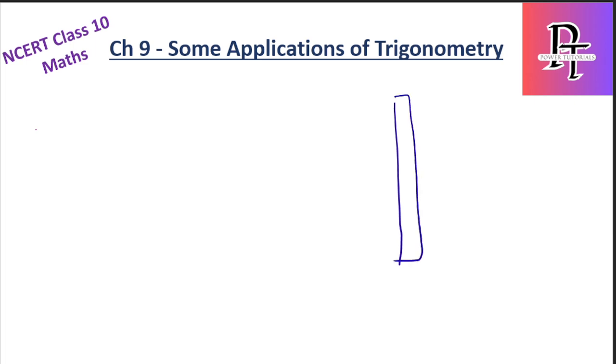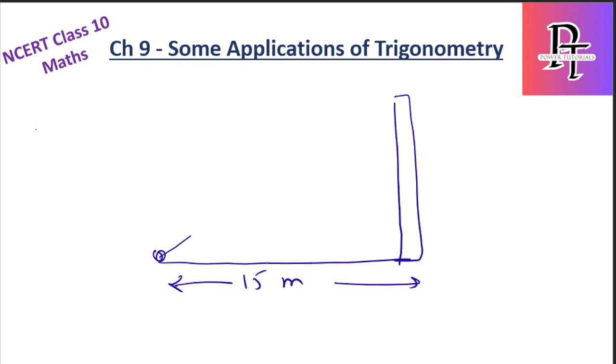Let's draw it like this: at 15 meters distance from the foot of the tower, we have an object. The angle of elevation to the top of the tower is found to be 60. They are asking to find the height of the tower.